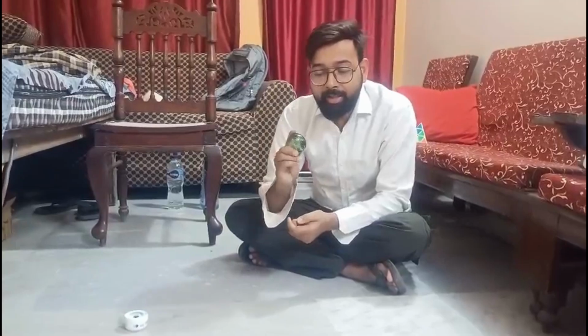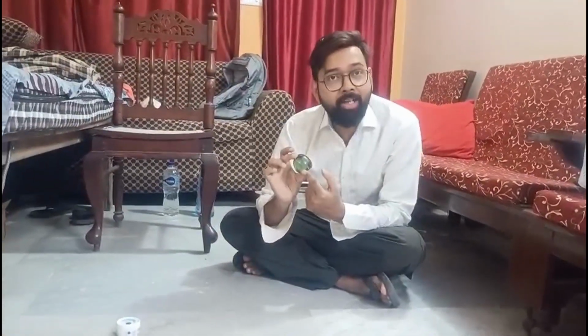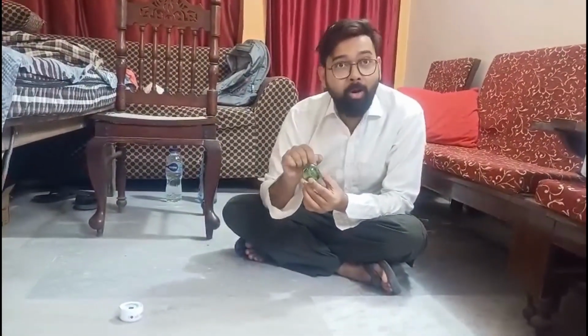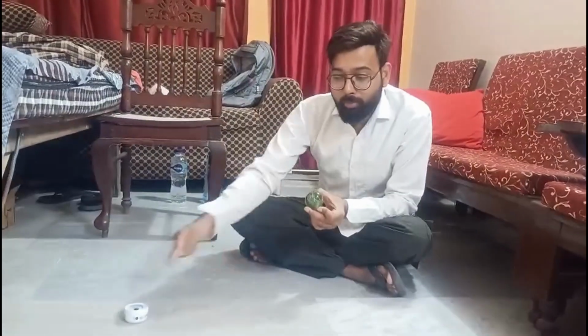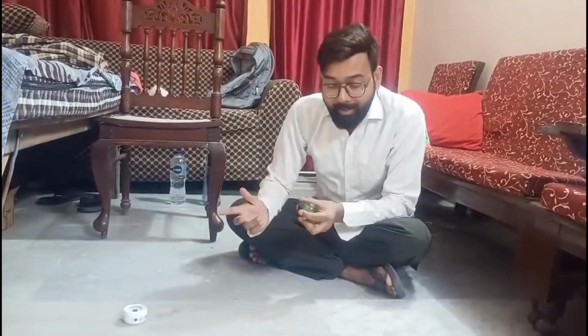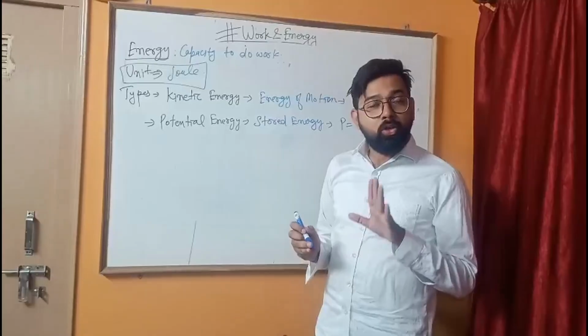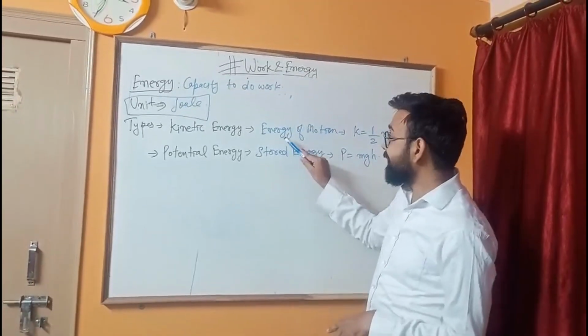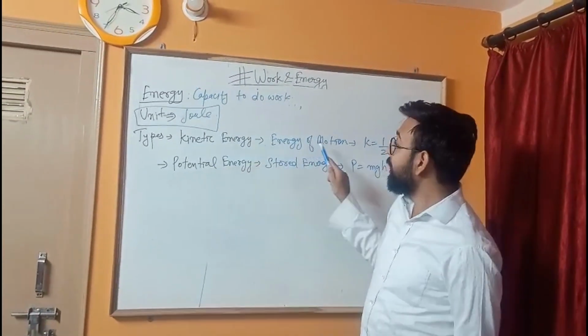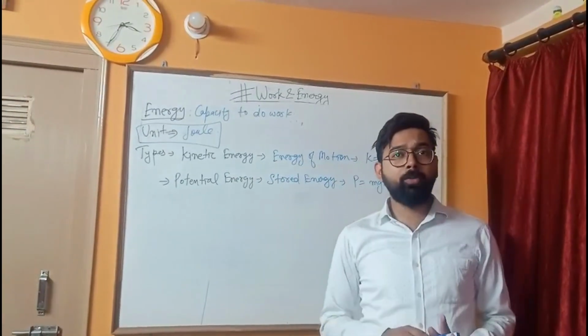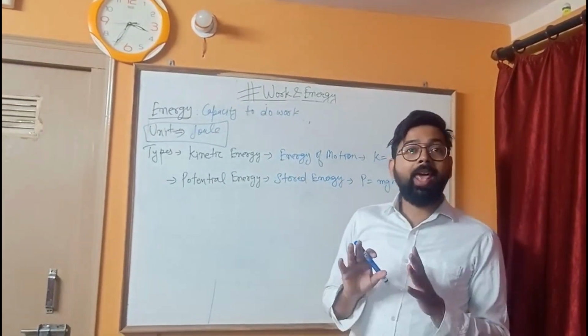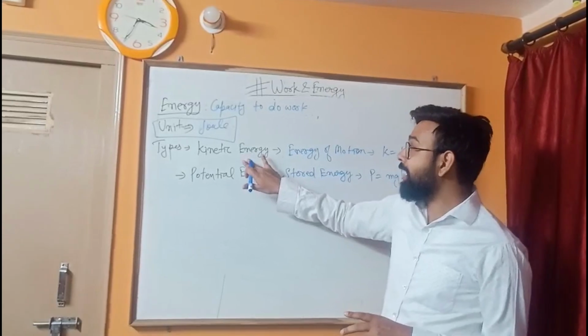It means this ball did some work. Now this ball has to have energy to move this. How did this happen? Because it was in motion. So the ball was moving, and that is why kinetic energy is said to be the energy of motion. Whenever an object is moving, it has energy, and this is called kinetic energy.